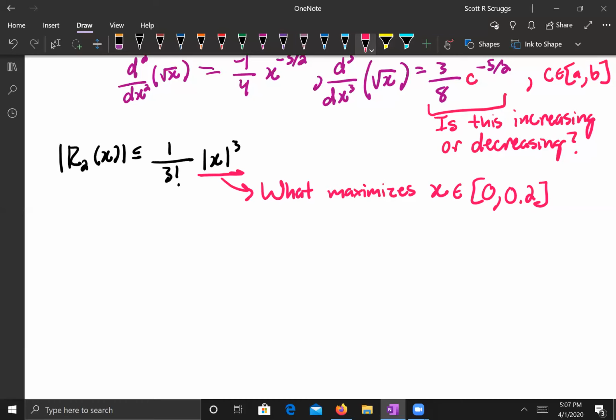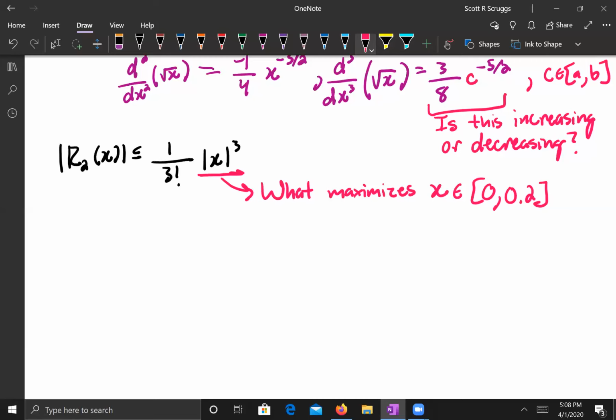Just like with how we got the bound for M, I'm still asking that same question and saying, okay, what do I need to plug in? Is it increasing or decreasing?